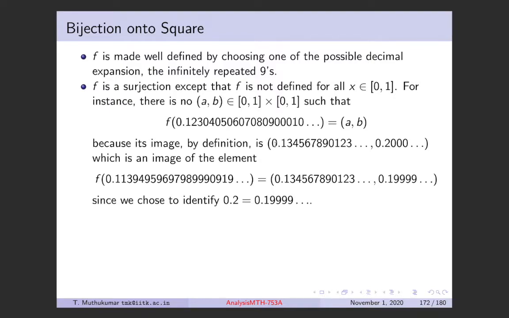Okay, so this is the first one, and then the even positions, which is 2, 0, 0, 0, 0, 0, 0. So 0.2000. That is how this number is taken. Okay, so this is the image of this element.